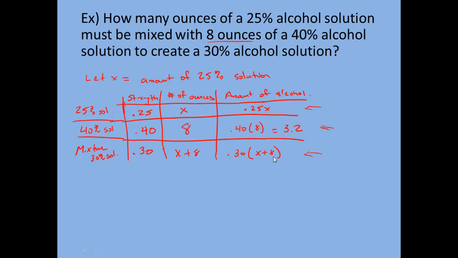So what I'm really saying here is, the amount of alcohol from the 25% solution plus the amount of alcohol from the 40% solution should equal the total amount of alcohol in the mixture.